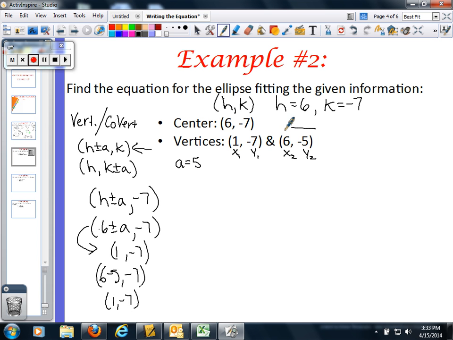So now let's look at the second point. We notice that the h's are the same as the vertex. So now I have 6, comma, k plus or minus a number. Okay? And actually, if you remember, I'm actually not going to use a or b right here. Let me use x.